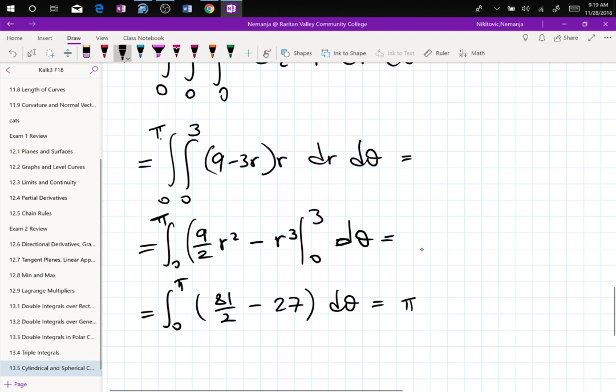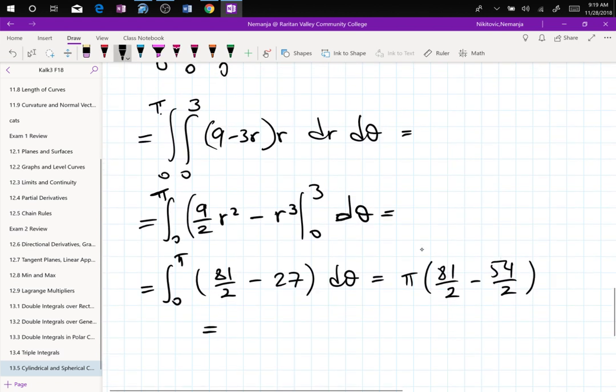So pi, 81 over 2 minus 27 is 54 over 2, and the answer is 27 halves pi. That's all. Fine?